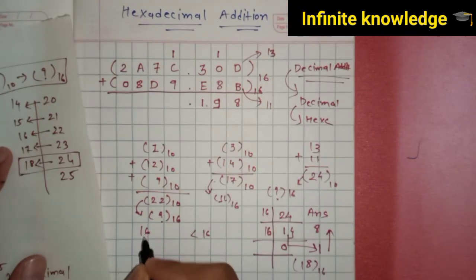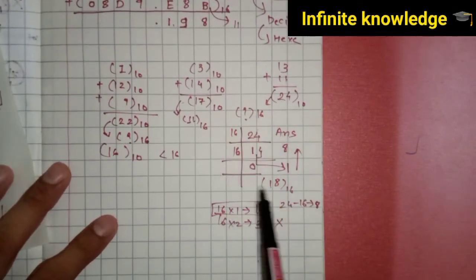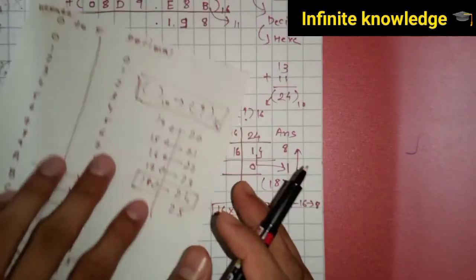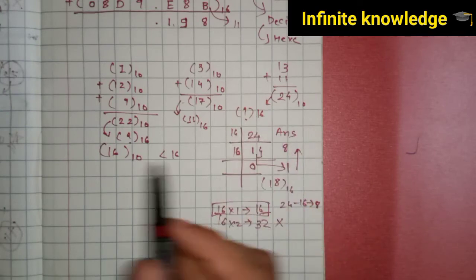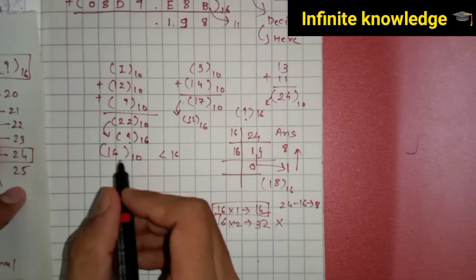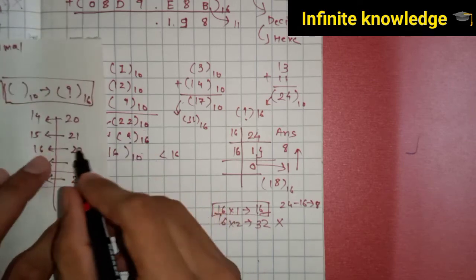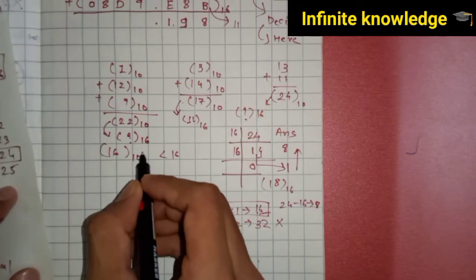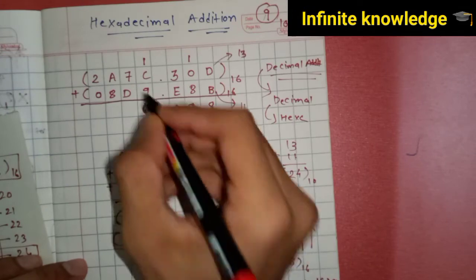So we get 16 here. You have to follow this method. If you don't have this table, then you have to divide this way and you get the same answer, and that is 16. 22 in decimal and 16 in hexadecimal. So 6 is here and 1 is here.